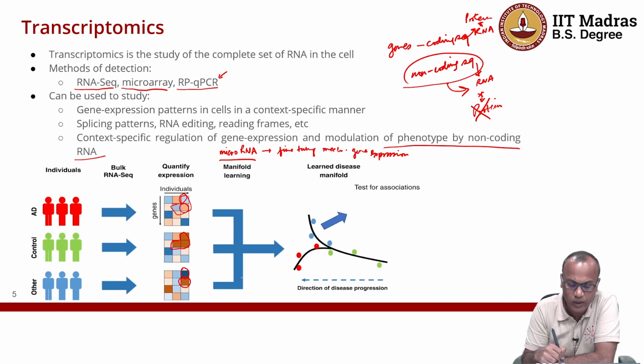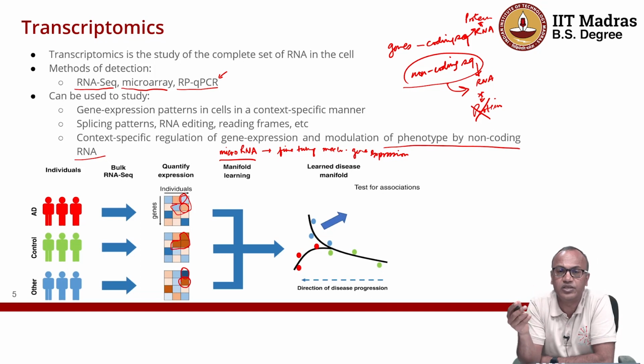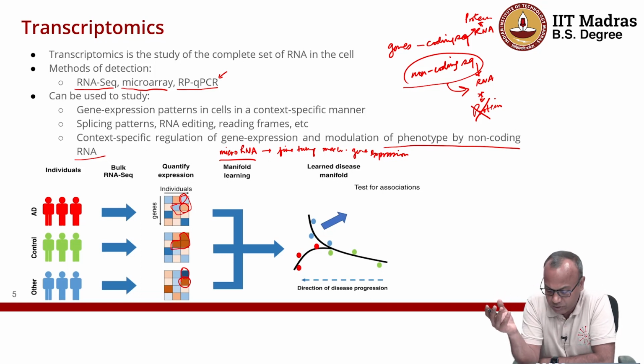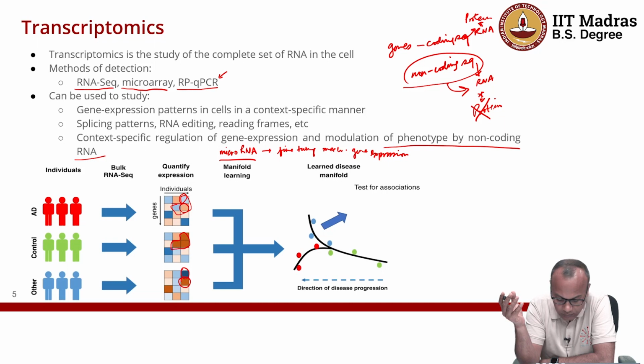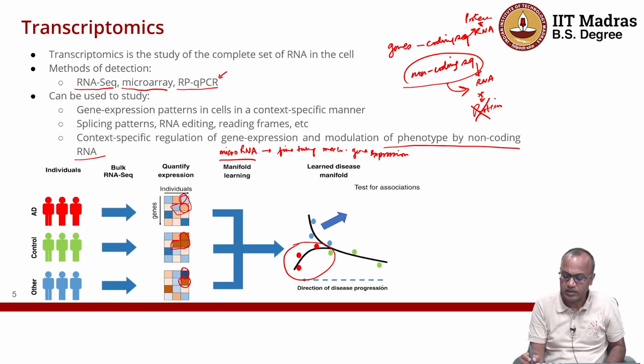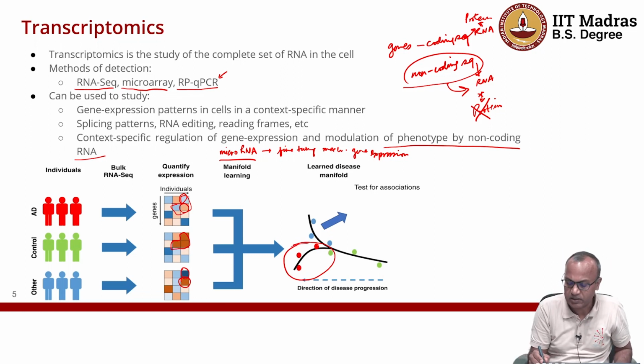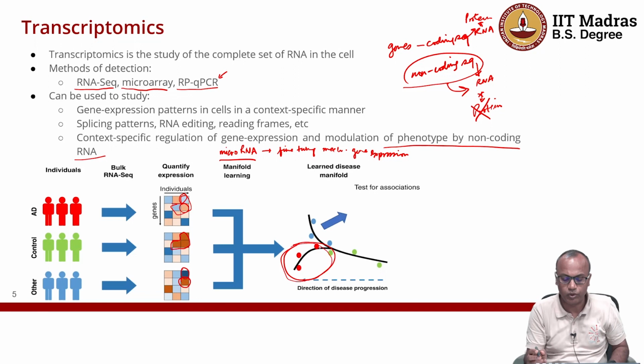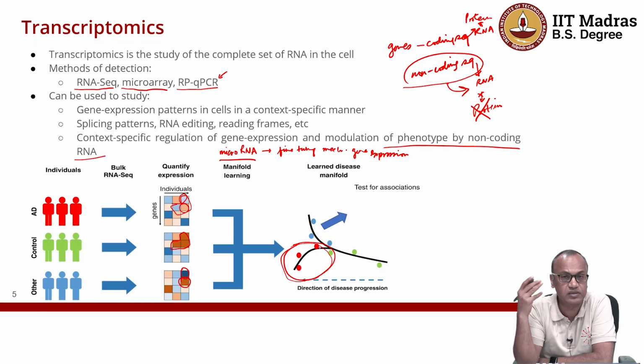By doing computational techniques, you can start figuring out what gene expression level changes are associated with disease. As the disease progresses, this subset of genes becomes lower and lower expressed, in the sense that they become suppressed as the disease progresses.